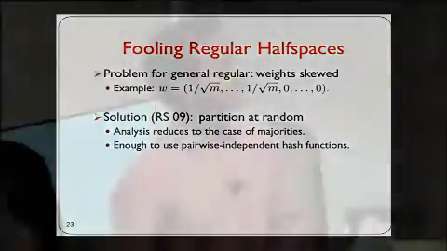It's natural to ask if we can generalize this approach to all regular half spaces instead of just the majority. However, there's a problem, as even if a weight vector is regular, it could still be skewed towards one block. For instance, the weight vector could be uniform over the first m variables and zeros everywhere else. To solve this problem, we use an idea of Rabani and Shpilka and do the partitioning into blocks at random.